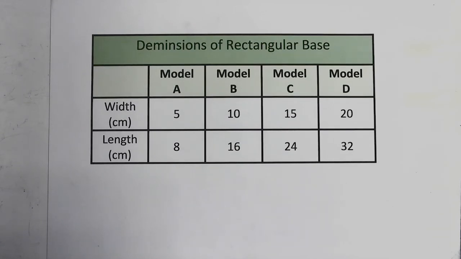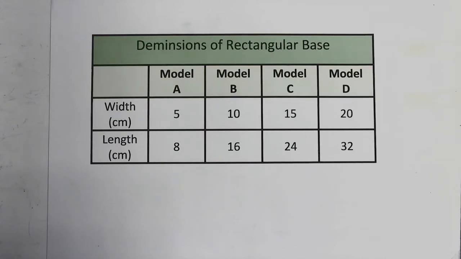The given table lists the dimensions of 4 modeled rectangular bases. Look at the table of values. Describe a pattern shown in this table. What pattern do you notice? You're right, the width is multiplied by 5.